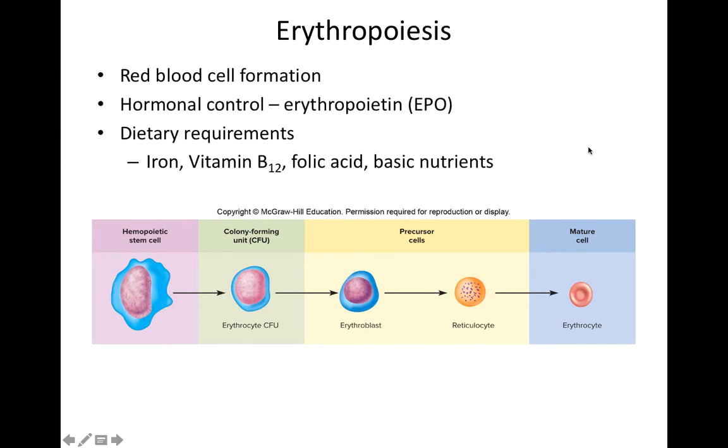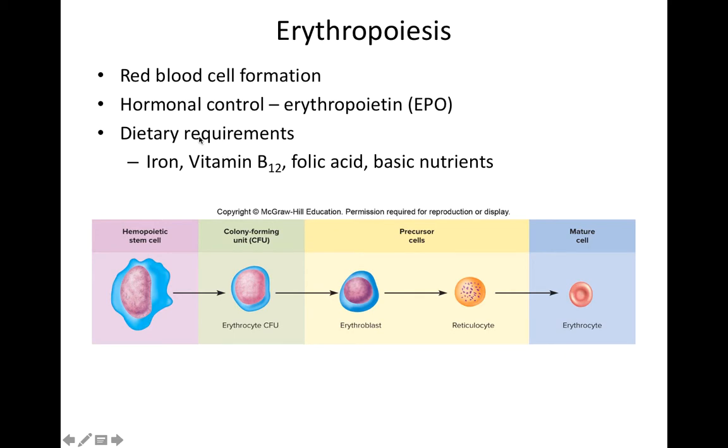Now, this entire process is under hormonal control, and the hormone here is called erythropoietin, which is usually going to be abbreviated EPO. So we're going to need erythropoietin, and then we need specific dietary requirements.